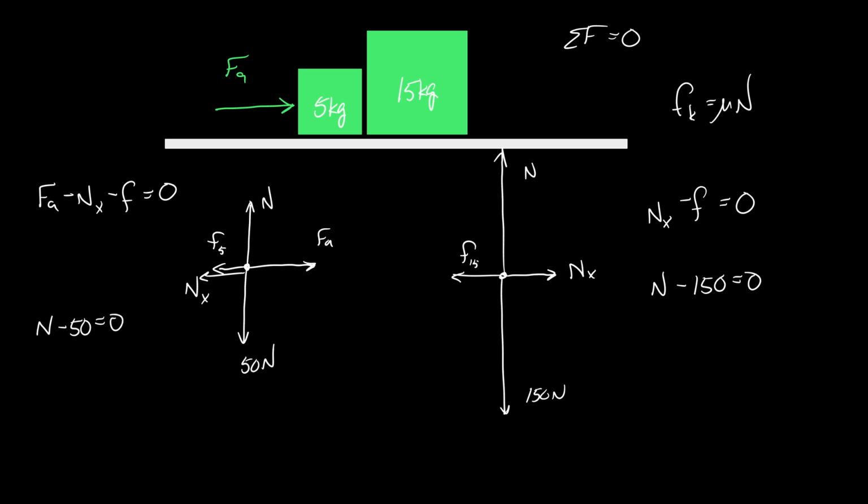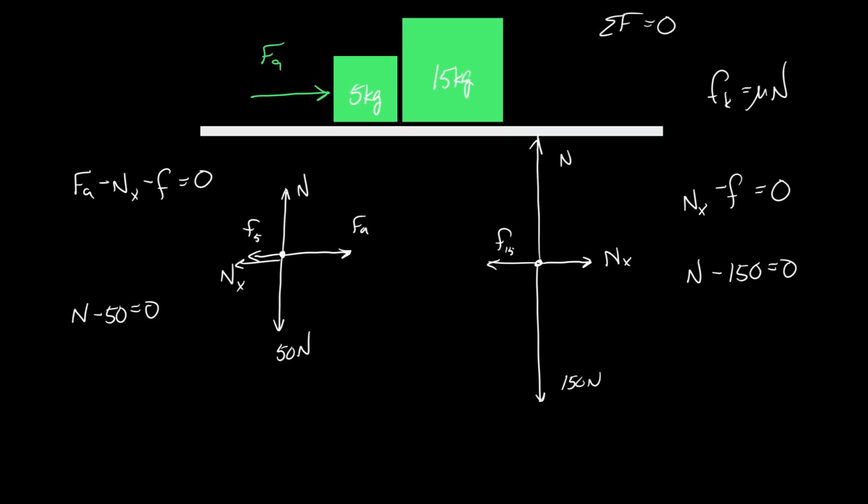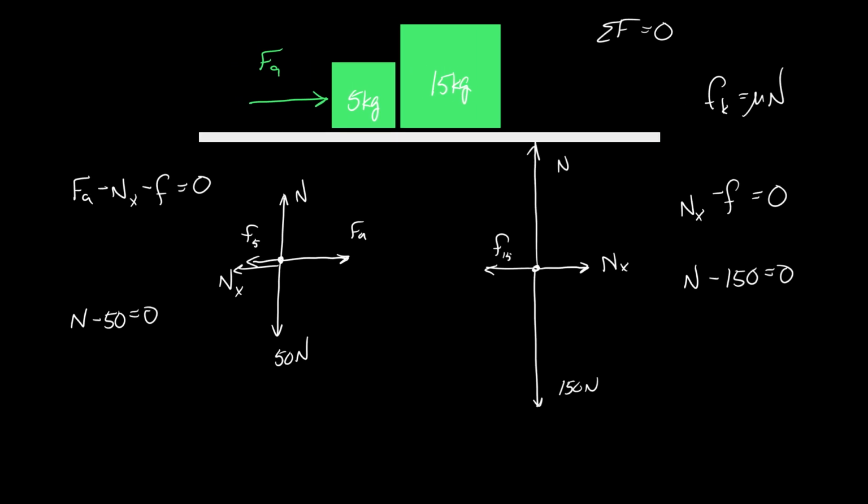We following along okay? Now, there's more things to do here, like, all right, well, normal equals 50 and friction equals mu times the normal force. You see what I've done?